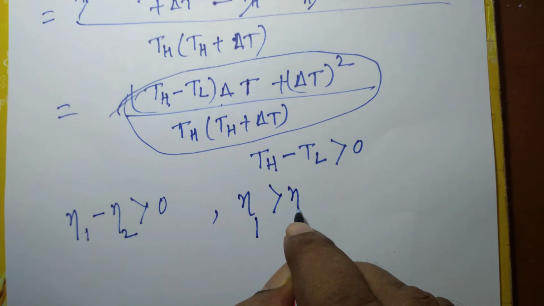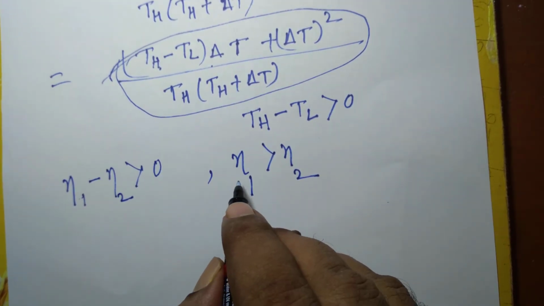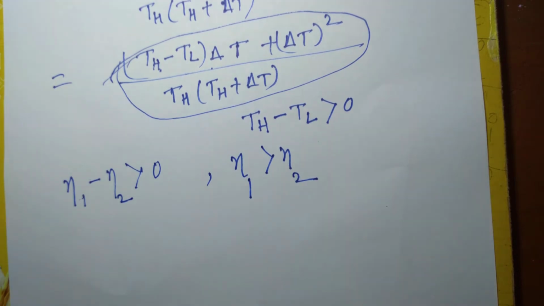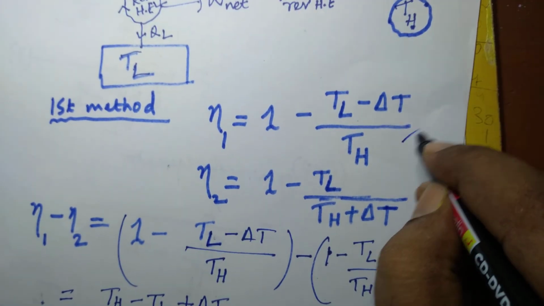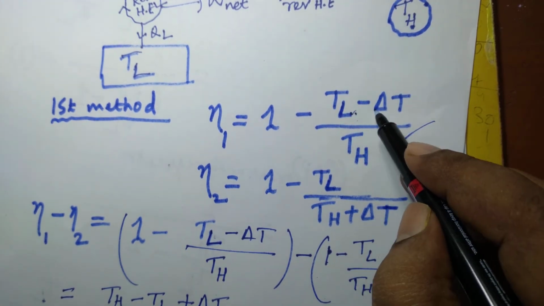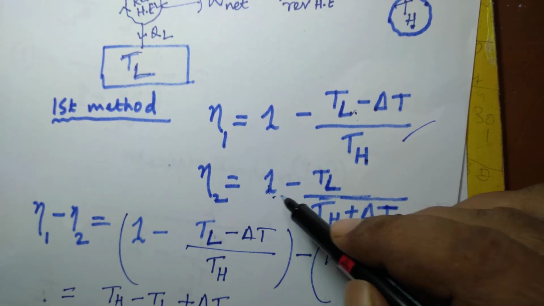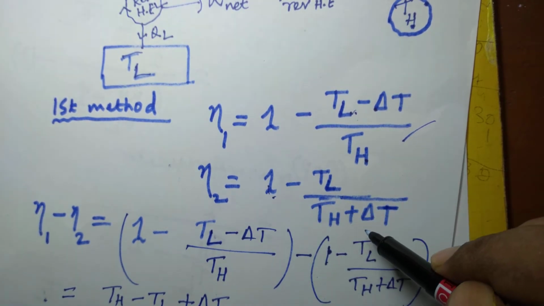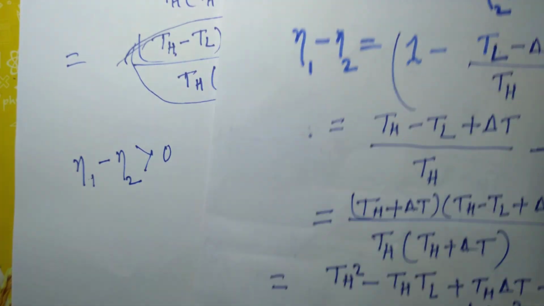Efficiency 1 is greater than efficiency 2. That means if we decrease TL, keeping TH constant, that is efficiency 1. And efficiency 2 is when we increase TH, keeping TL constant. So in the first case, more efficiency results.